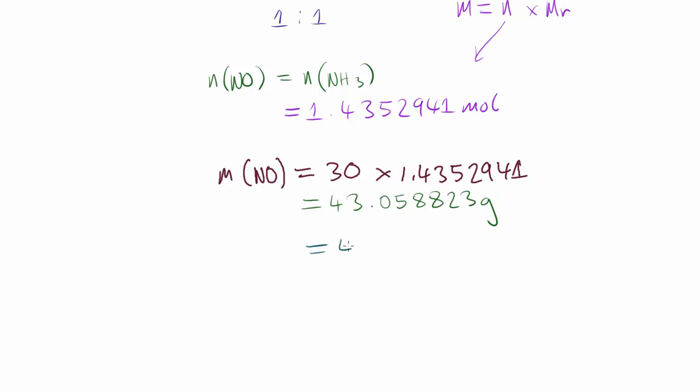So it's going to be 43.06 grams, to 2 decimal places. Okay, so that's effectively going to be, in this case, the mass of NO that was produced.